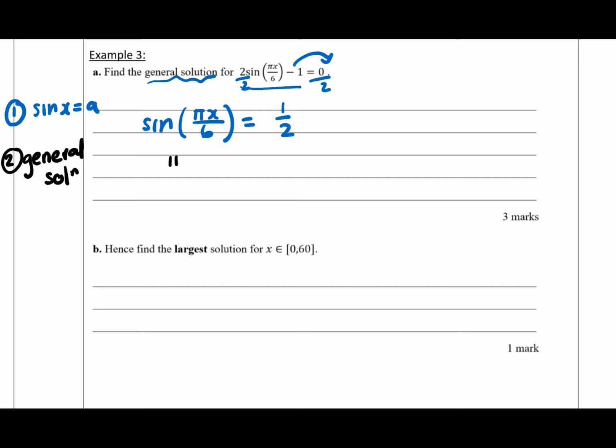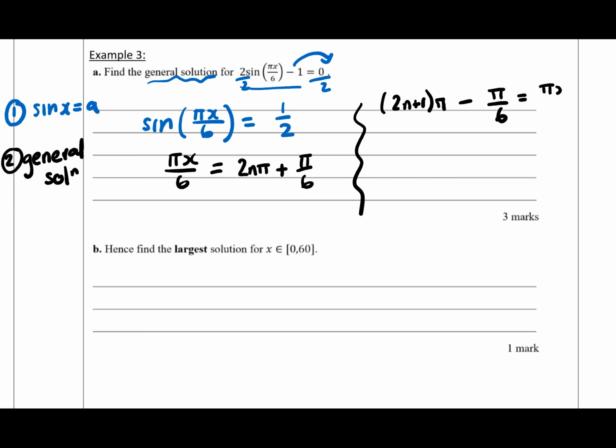So pi x on 6 is equal to, there are two answers. One, 2n pi plus the arcsine of 1/2. So that's going to be plus pi on 6. The other one, 2n plus 1 pi minus pi on 6. Now remember that that's still equal to pi x on 6.